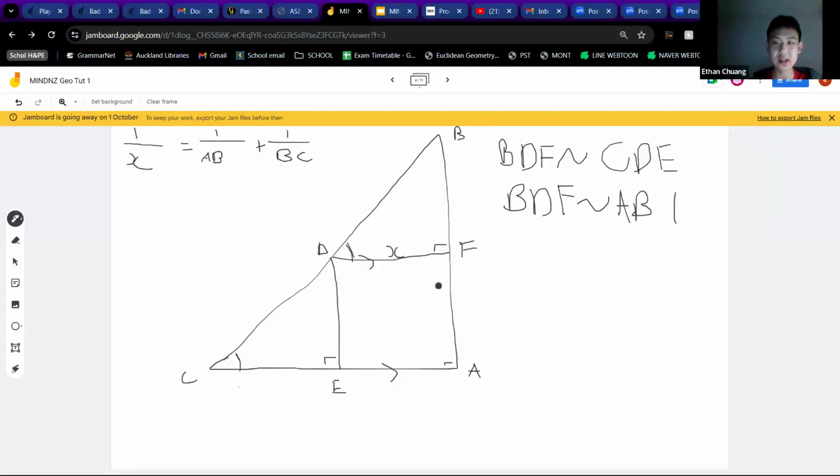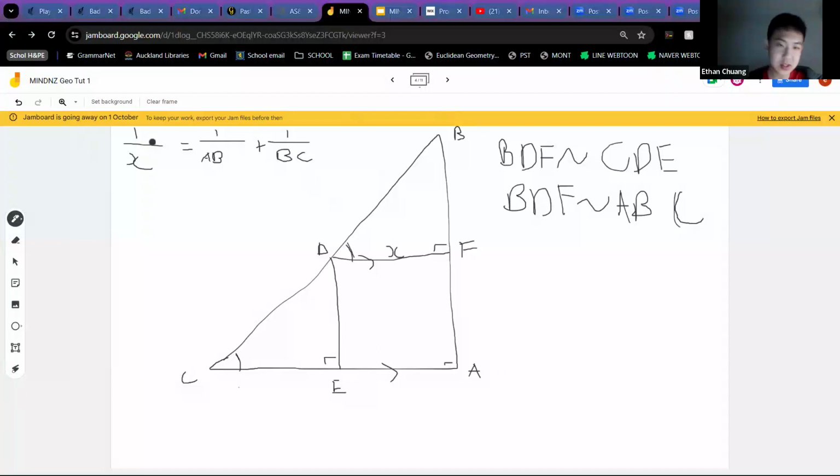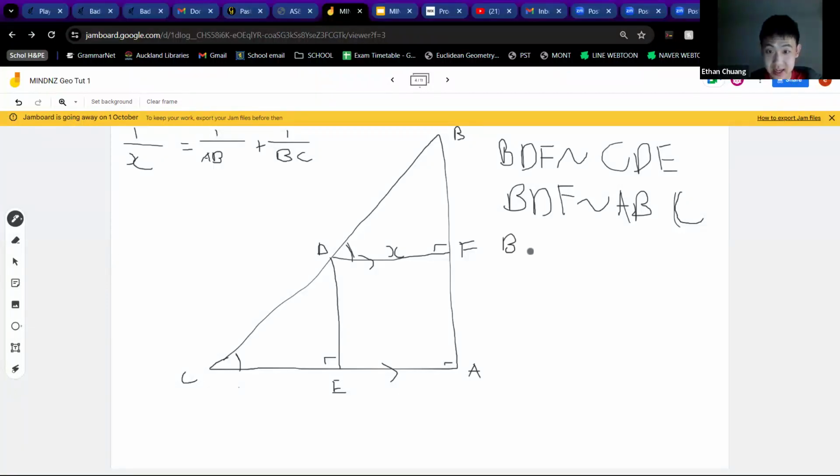Actually, all three triangles are similar to each other, because BDF is similar to CDE, similar to ABC, all by angle, angle, angle. So basically from this, you just get a bunch of ratios, right? You can write it all out, but you get BD over AC equals whatever. It doesn't really matter because we're interested in X, right? So let's just write out the ratios that interest us.